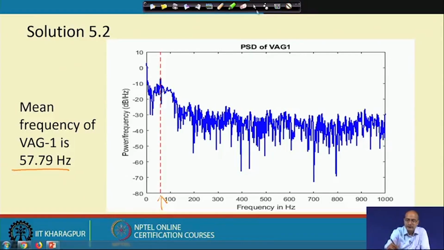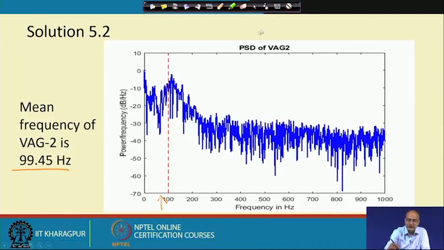And for the next one, that is VAG2, we get that mean frequency at 99.45. So, the mean frequency for the second VAG signal VAG2 is higher. Okay. That is what we have noticed.